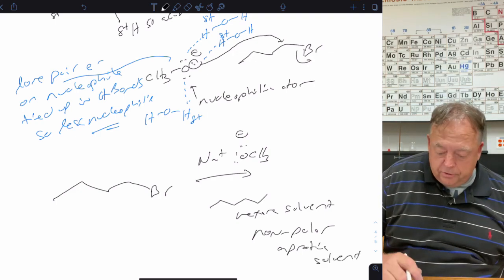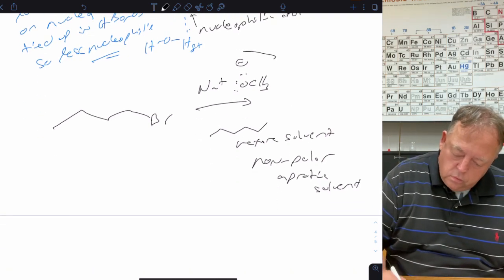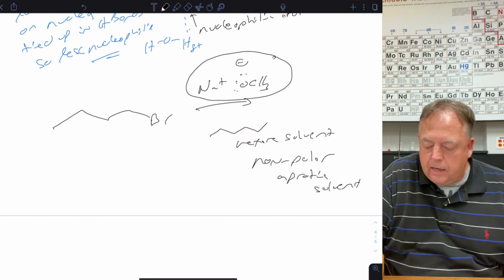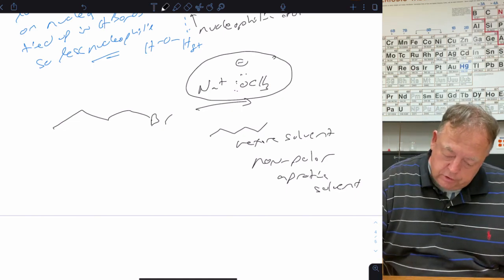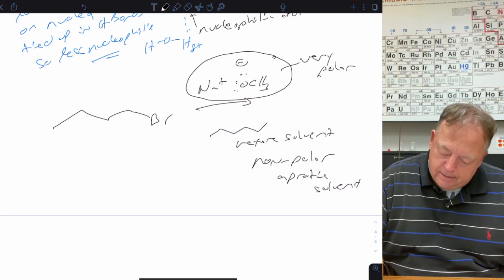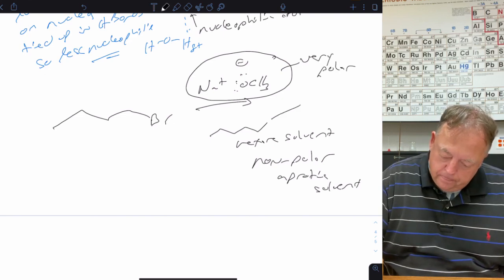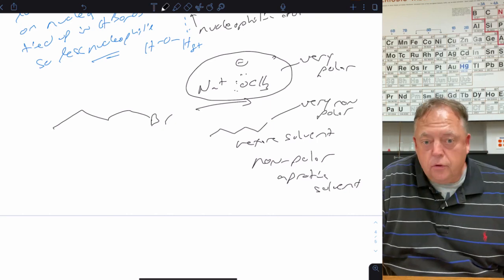Well, the problem with this would be, would you expect the nucleophile to be soluble in hexane? And the answer is no, because this is very polar and this is very nonpolar. So your nucleophile doesn't dissolve.